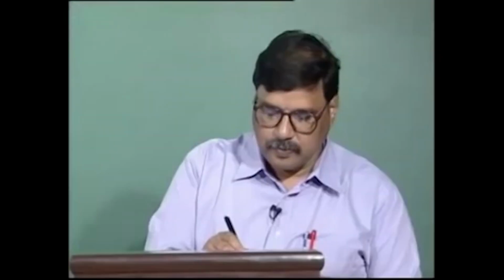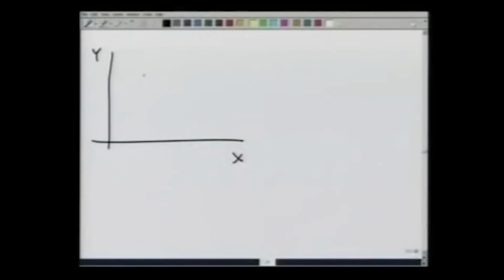And let us see how we can prove this. So, let us take 2 sets of axes: x, y with origin O, and another set of axes x prime, y prime with origin O prime. The O prime is shifted with respect to O by x coordinate a and y coordinate b.